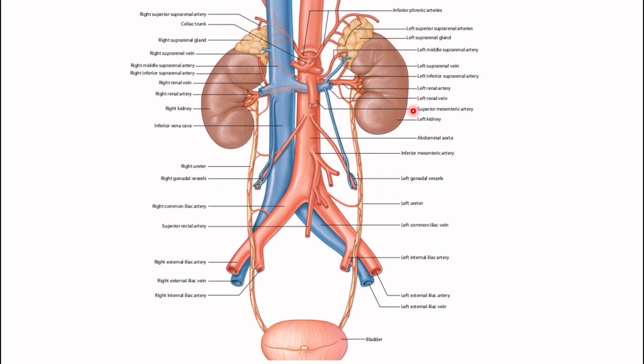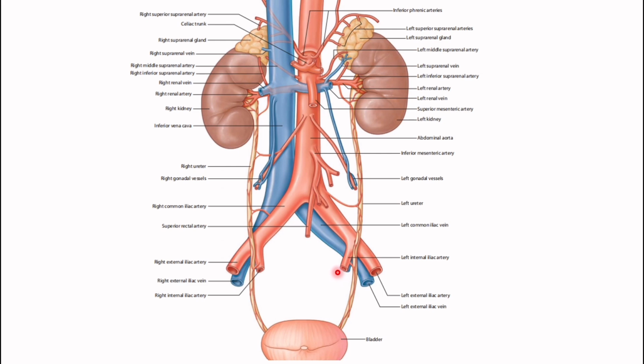Then the middle portion will receive arterial supply from the gonadal arteries. Okay, meaning to say in males it will be the testicular artery, then in females it will be the ovarian artery. Done. Then the inferior portions will receive blood supply from the branches from the internal iliac artery.